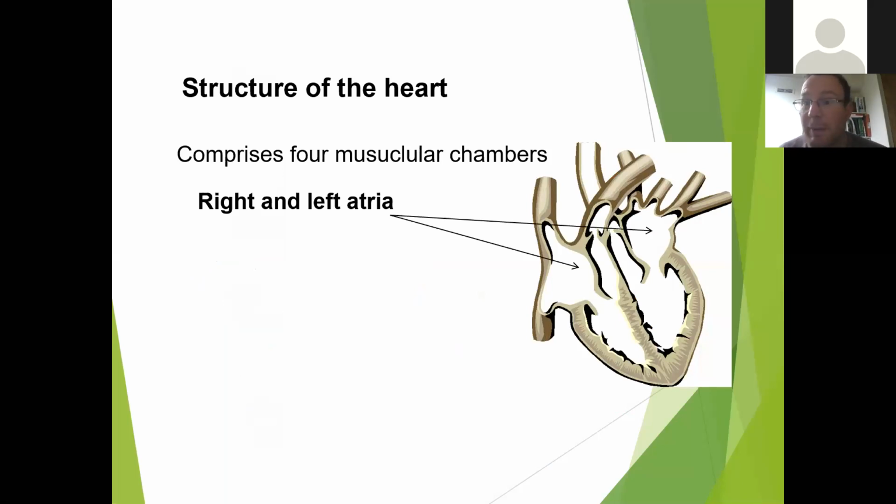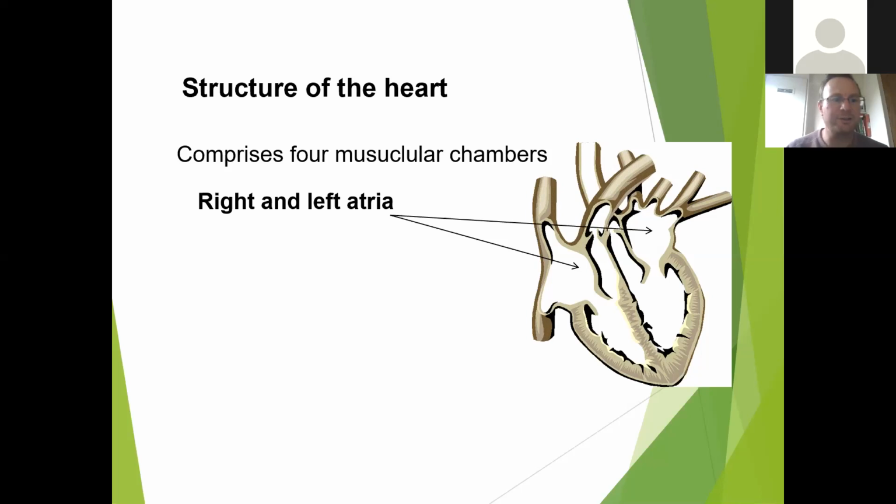So does the left atrium have deoxygenated or oxygenated blood in it? Quick answer. Oxygenated or deoxygenated in that left side? So deoxygenated, well done.